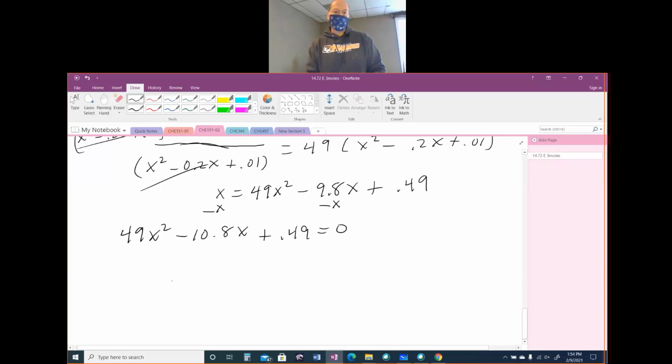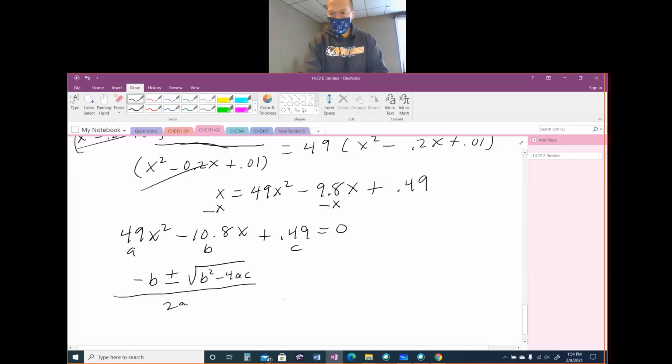And now we have our A, we have our B, and we have our C. And so we plug it into the quadratic formula. Negative B plus or minus the square root of B squared minus 4AC, all over 2A. All right, so now let's plug in our numbers. Negative B, B is already negative. Negative times a negative is positive, 10.8.